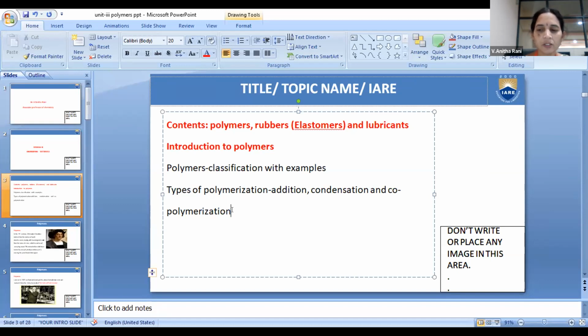And next topic, biodegradable polymers. So these topics we are going to discuss in polymers for the mid-one exam.